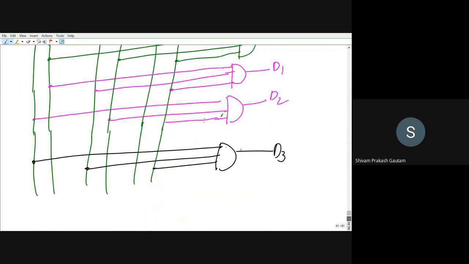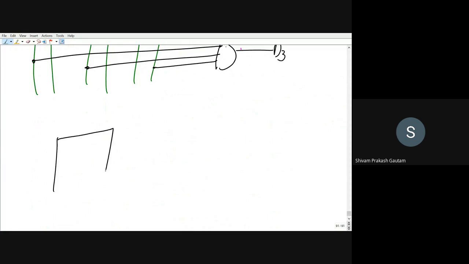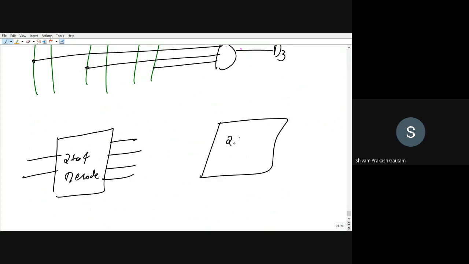Just for your reference, I'm telling you once again, a block diagram view. So a 2 to 4 decoder, with 2 inputs and 4 outputs. Again, a 2 to 4 decoder, 2 inputs, 4 outputs. Now, if I provide E directly here, and if I provide E bar here, you can see we are having a circle.